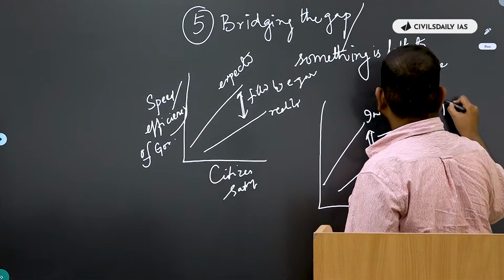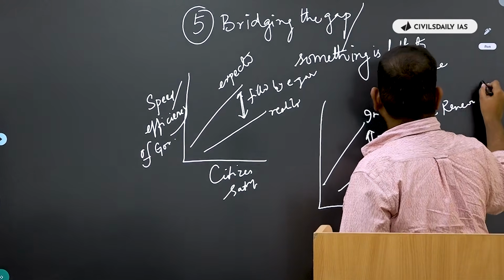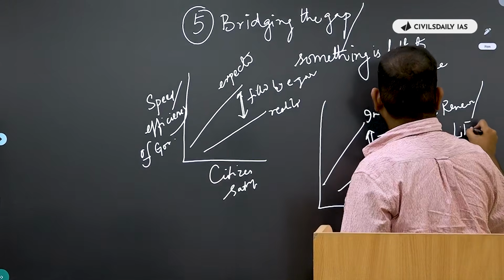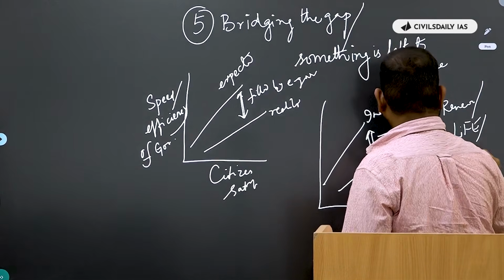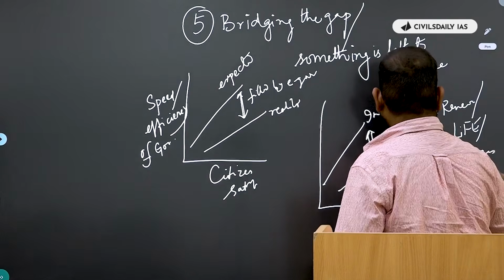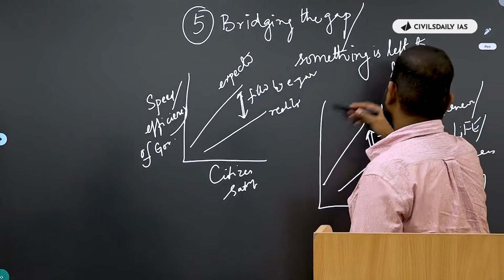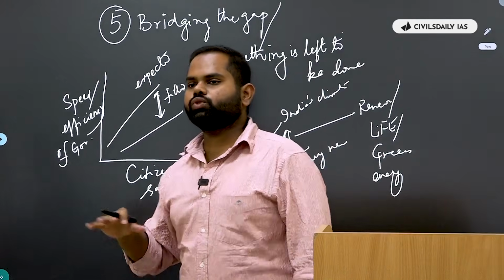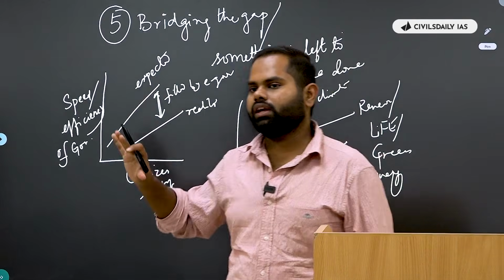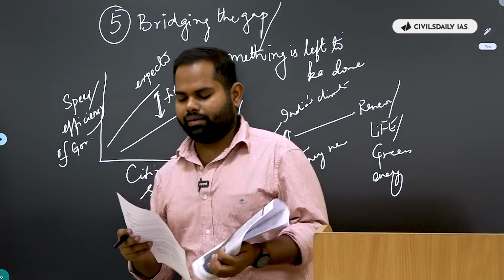It could be about renewables, it could be about LiFE by the Honorable Prime Minister, or green energy. So things like that. You can very effectively deliver your message through this construct when you're saying there's something you have to fill a gap for.